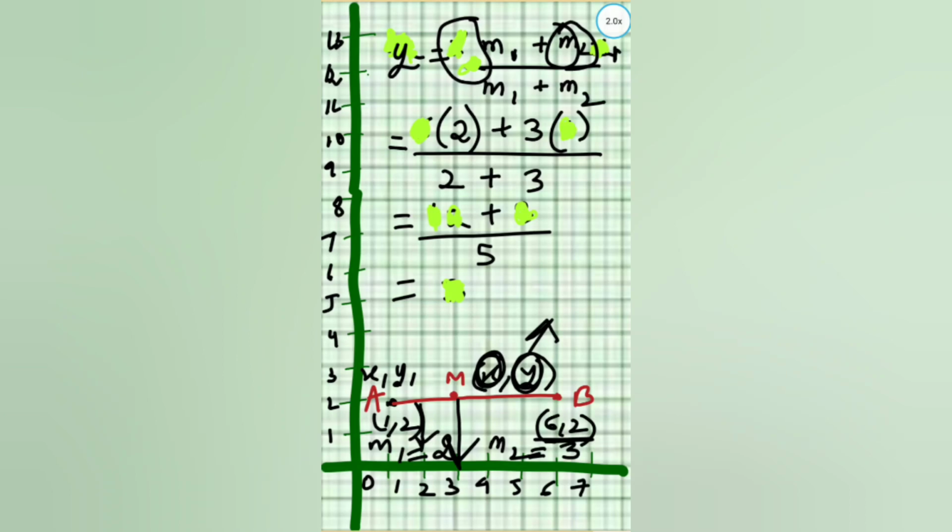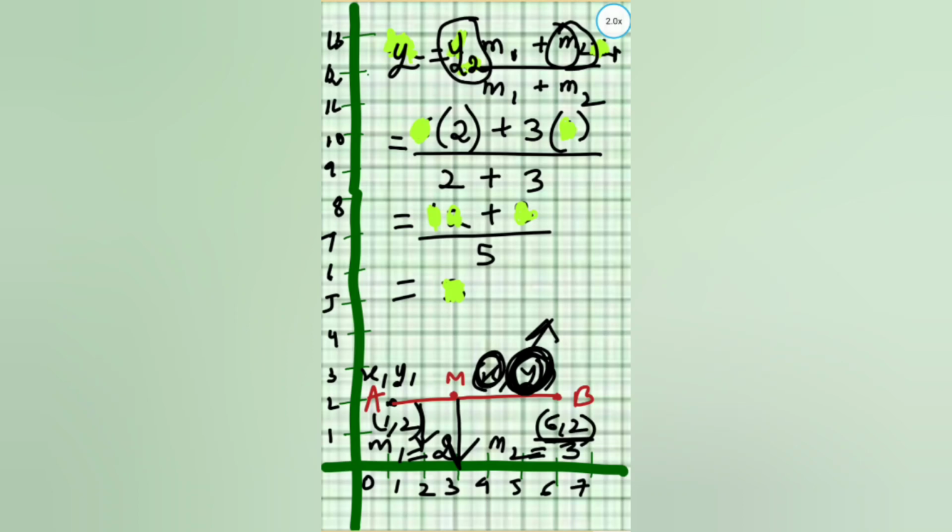We are going to find out y, the ordinate of M. Now the formula is the same, only y equals this. With m1 it comes y2, so the number will be different, and with m2 it will be y1.